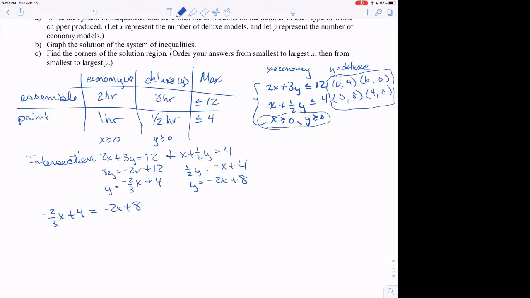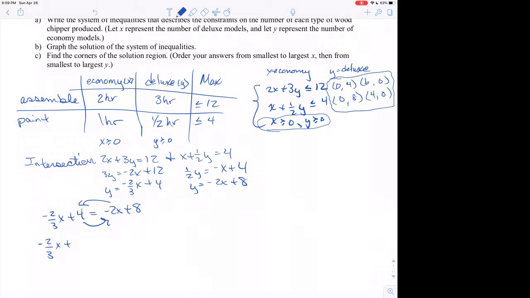So now I solve for x. I'm going to move the 4 over here and the 2 over here. So that's 4/3 x equals 4. So multiply by 3/4, so x equals 3.